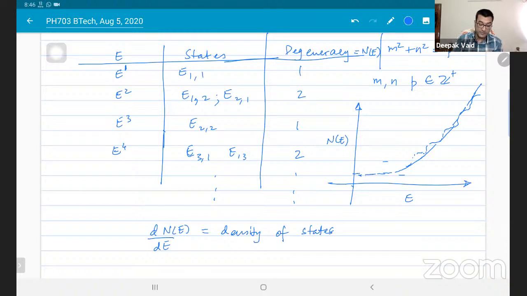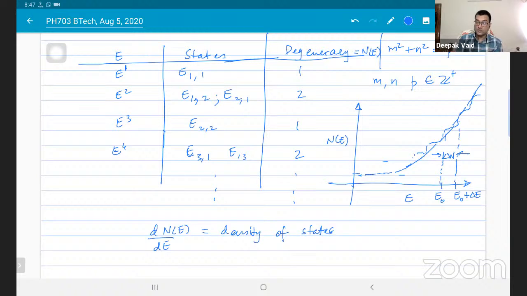That means that when you look at some finite interval, let's say E naught and E naught plus delta E, of these energies, then in that finite interval you have some number of states, delta n, right? And that delta n will depend on your E naught, right?